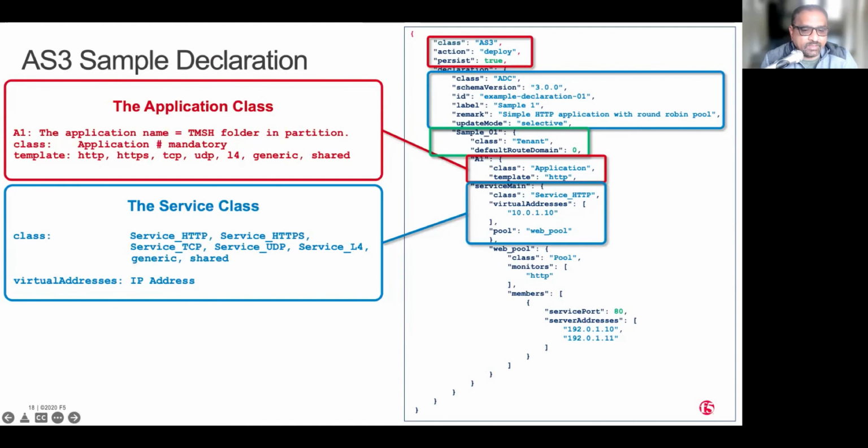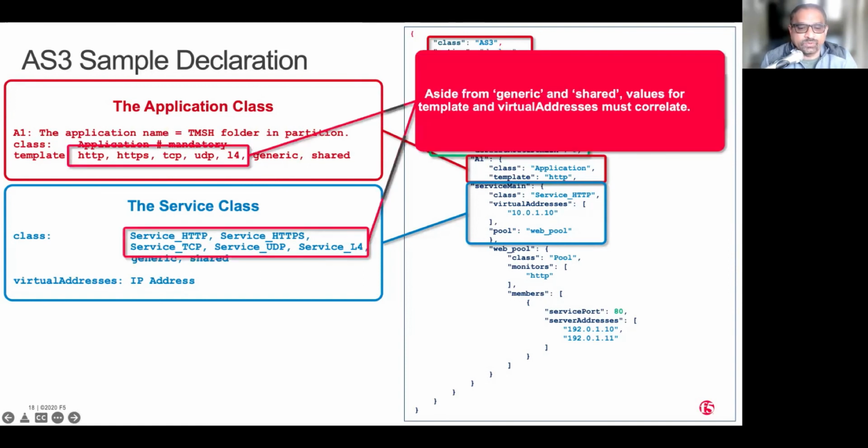So again, the service class will define that. In that service class, it could be a service class of type HTTP, it could be HTTPS, UDP, or L4, shared, all that kind of stuff. And then that will contain the virtual server address, right? And pool details. So you can see that.